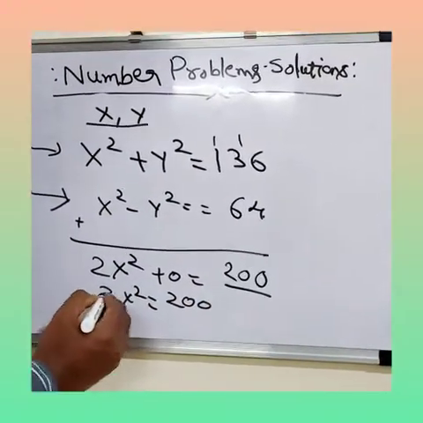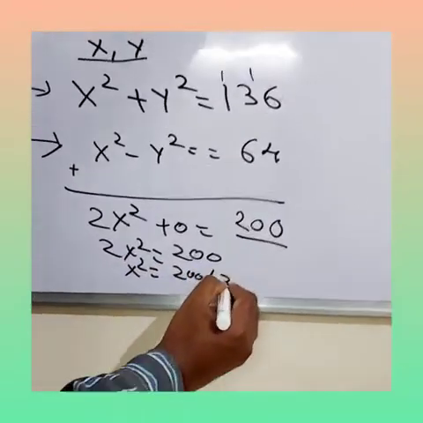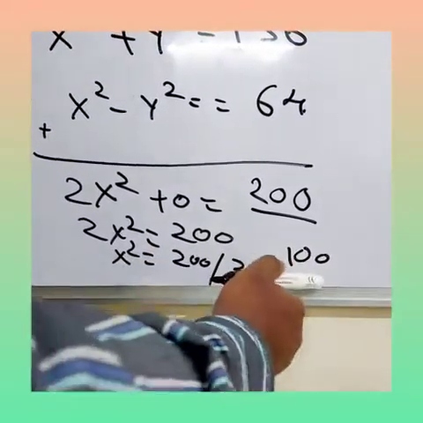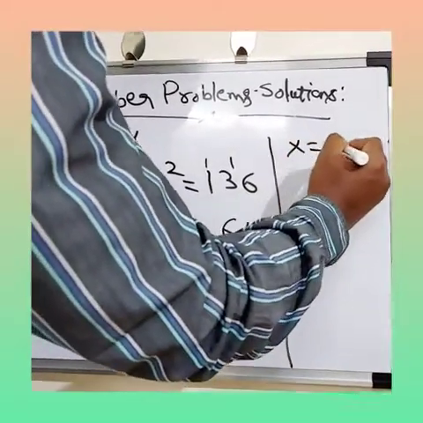Then x square is equal to 200 by 2, which gives 100. When x square is equal to 100, the value of x is 10.